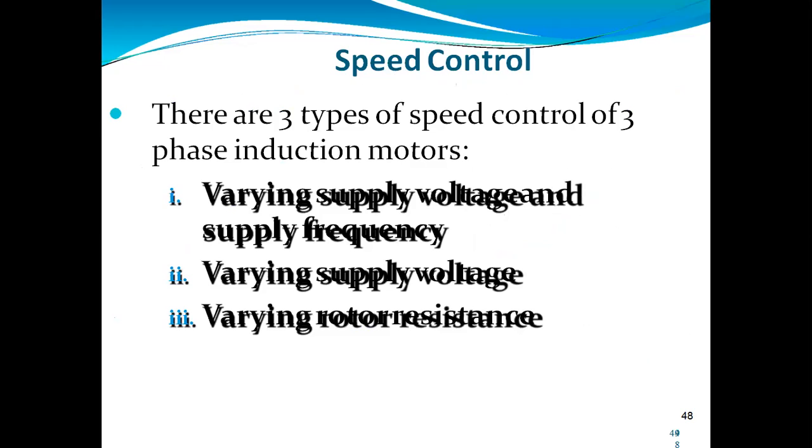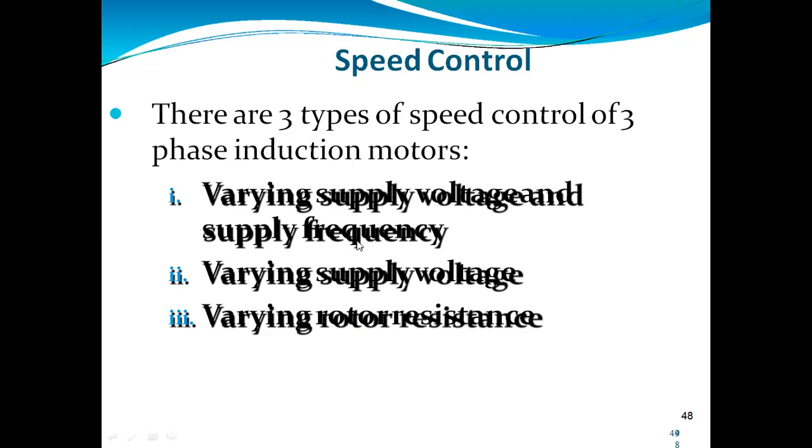Here we have the formula in which the speed is related with supply voltage, rotor resistance, and supply frequency. How? We get the equation Ns equal to 120 F upon P. So synchronous speed is directly proportional to the supply frequency.